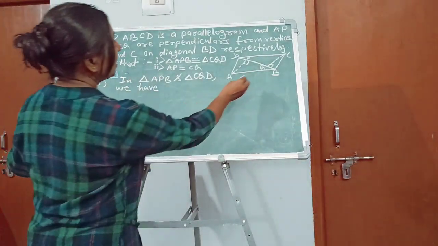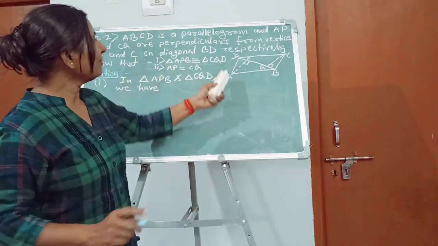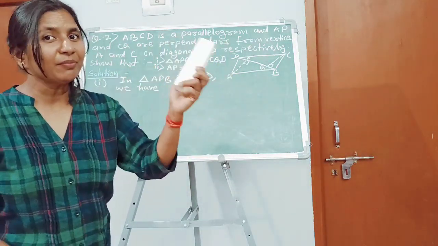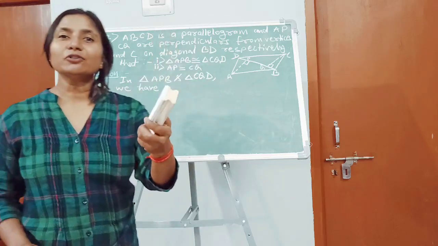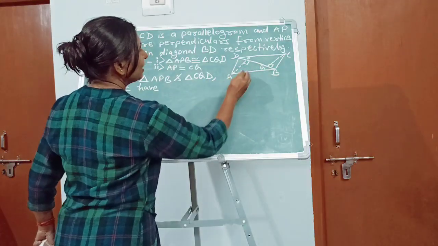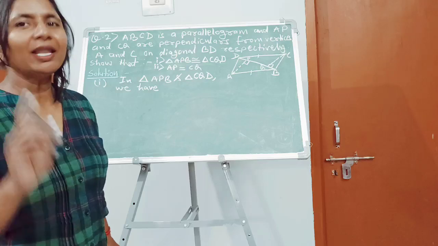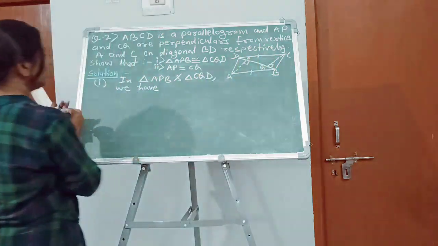In the starting itself it is given that ABCD is a parallelogram. And I have told you, just remember the properties or characteristics of parallelogram. So what are the properties of parallelogram? Opposite sides are equal and parallel. So AB parallel DC, you can write that.